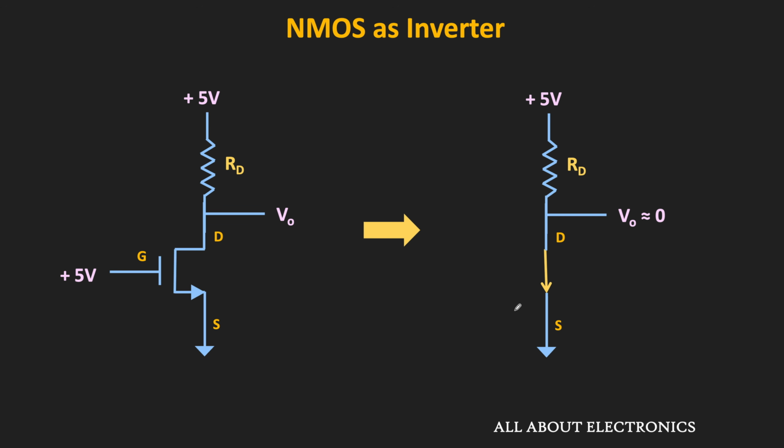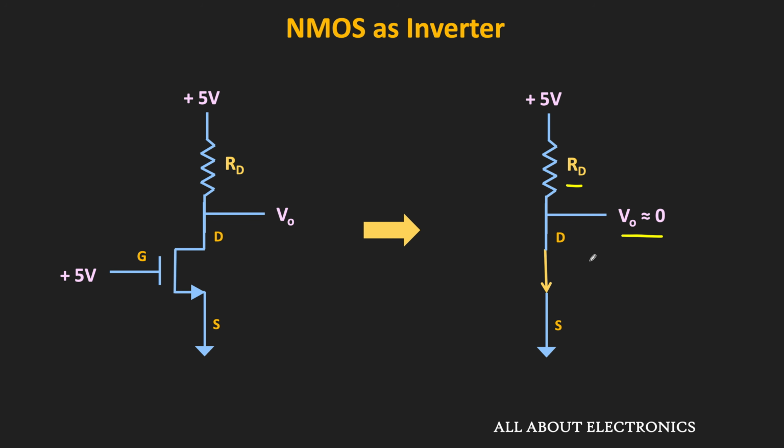Now ideally, in this condition, the resistance of the MOSFET should be equal to 0. But actually, there will be some on resistance of this MOSFET. Typically, it is in the few ohms. While if you see this drain resistor, then its resistance is in kilo ohm. That means here, when the input is equal to 5 volt or the logic 1, then the output is very close to the logic 0.